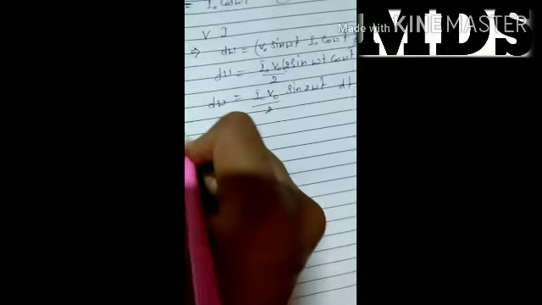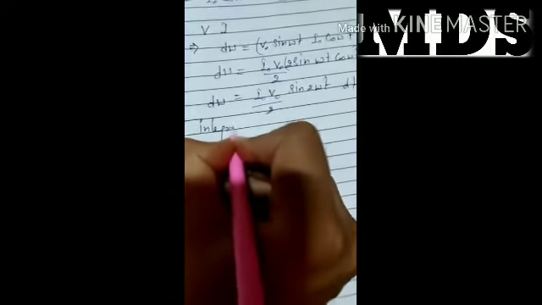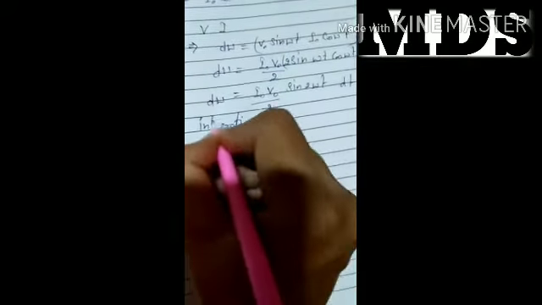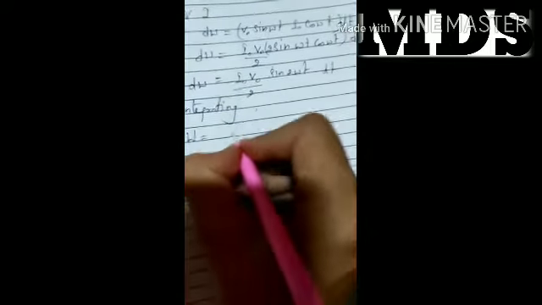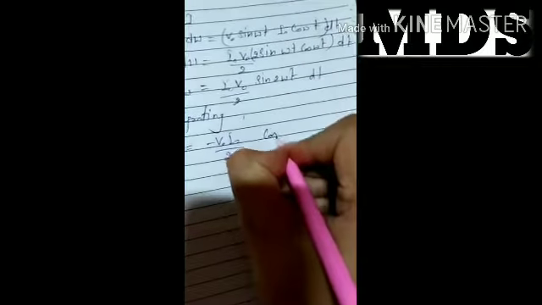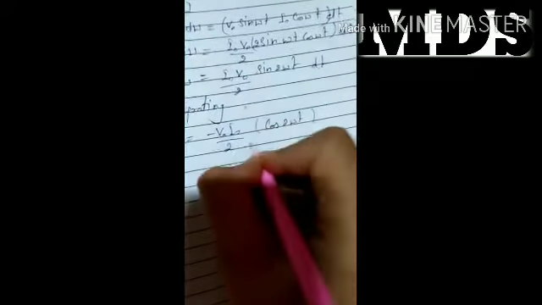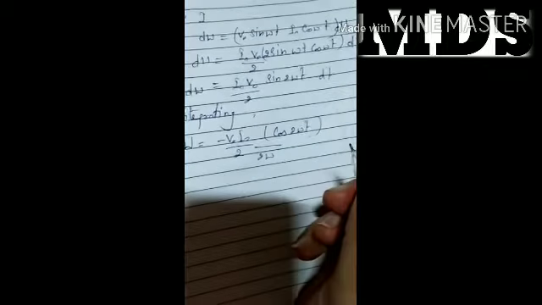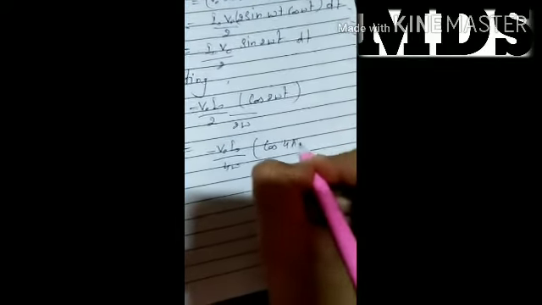After integration, we solve it. On integrating, W equals minus V naught I naught by 2 cos 2 omega t divided by 2 omega. Clear? Here we have V naught I naught by 4 omega times cos 4 pi minus 1, because cos 0 is 1.